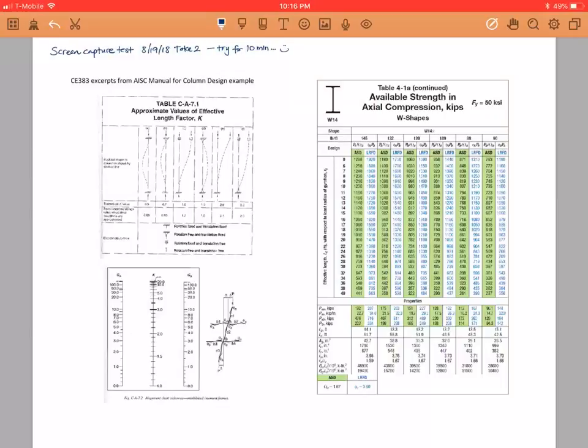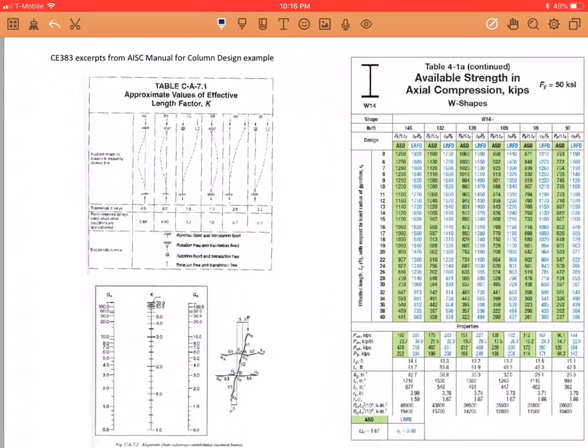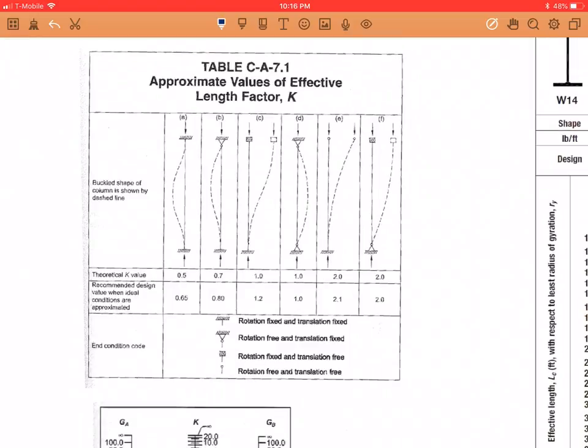So for this particular example that I would do on the whiteboard, I would ask them, if we look at this table from the commentary, which of the cases, if we were trying to idealize them as fixed-pinned, pin-pinned, fixed or pinned with sidesway, or fixed with sidesway, which one would we categorize it as?